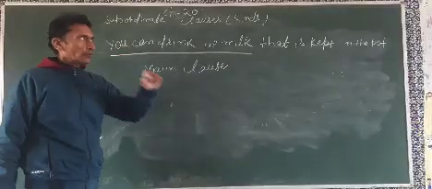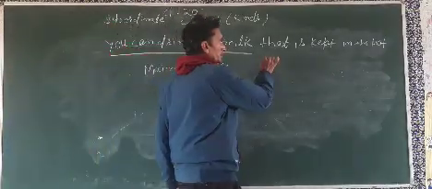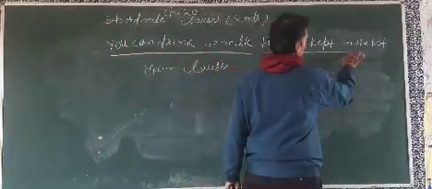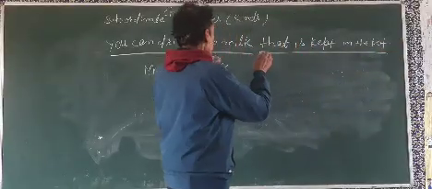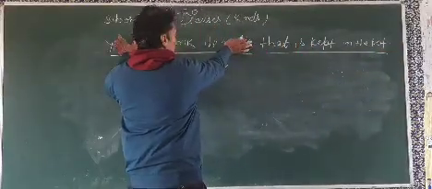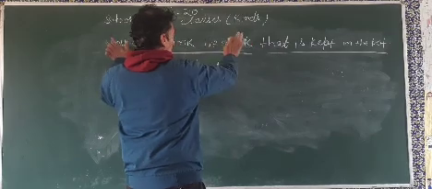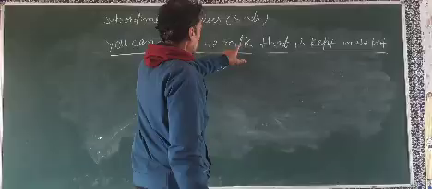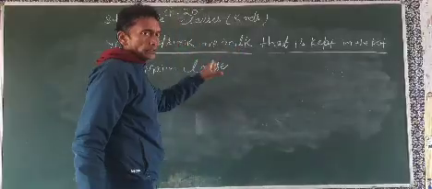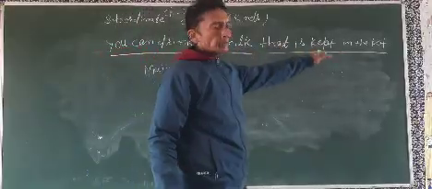This is the main clause. But when we start reading the clause "that is kept in the pot", it means if we hide this clause, if we rub it off the blackboard, what is left is "that is kept in the pot".